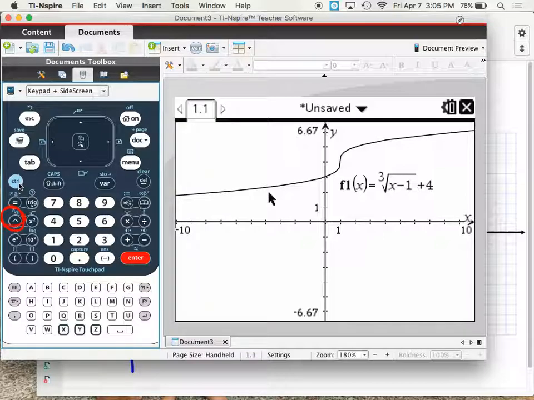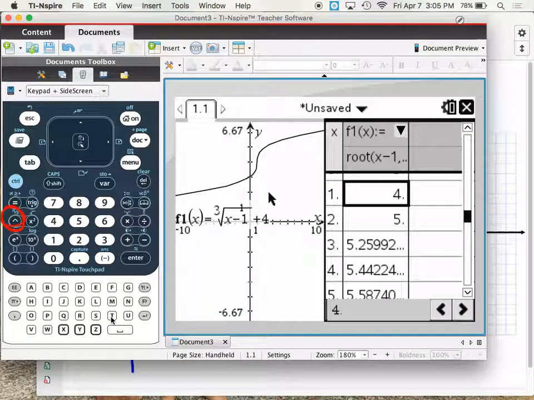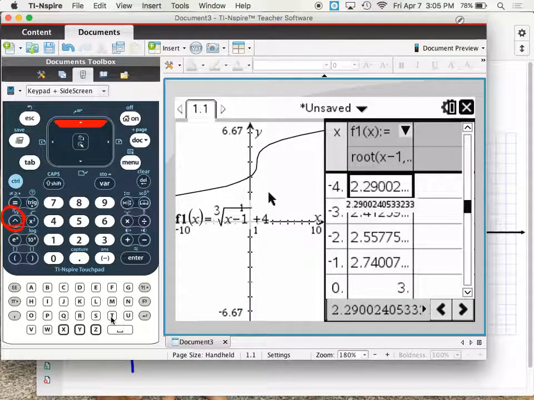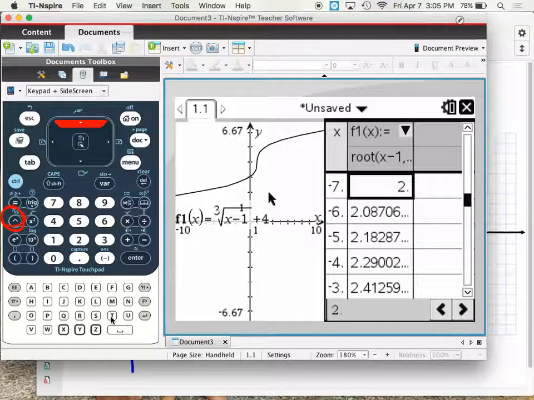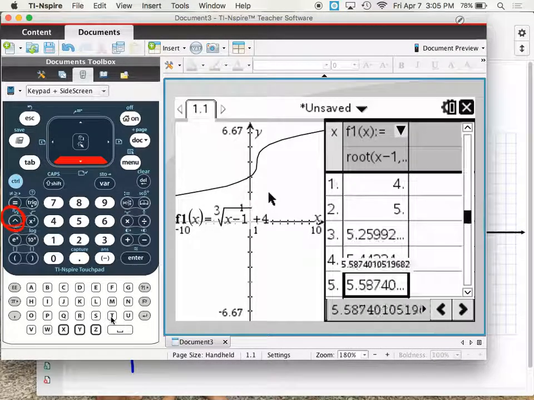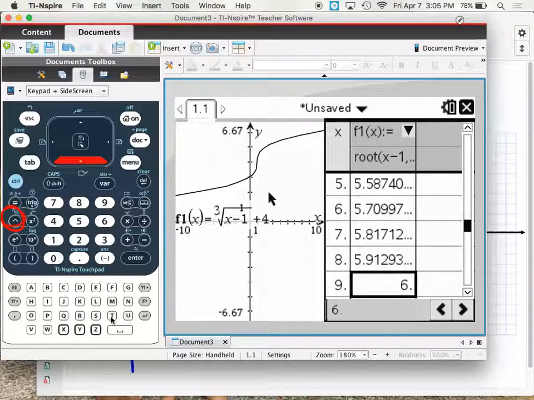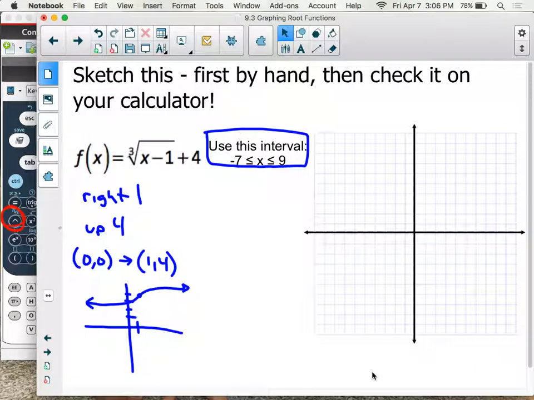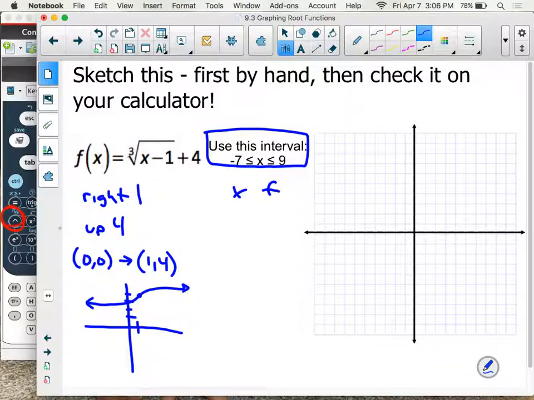So now, how does that -7 to 9 come in? So when you go to your table, the only values that you want in your table are when x is -7 up to when x is 9. So at -7, we're at 2. Then we're going to go 3, 4, 5, and then at 9, I bet we're going to be up at 6. Yep. So let's make a little table here.